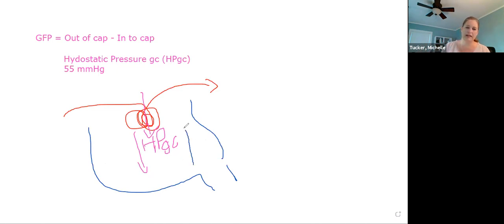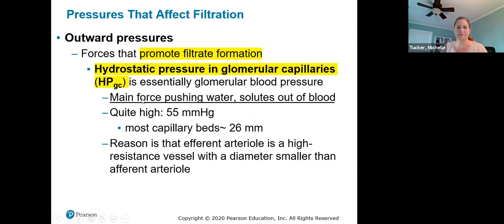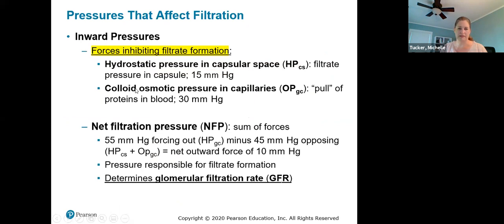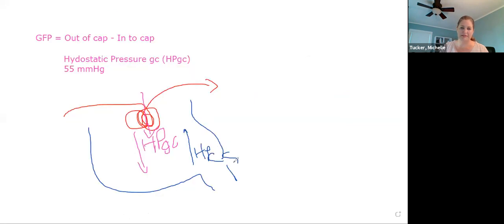So you do still have hydrostatic pressure of the capsule. I want to see which word, there should be glomerular capillaries, and then, oh, capsular space. So this is of the capsular space, and that is going to be pushing back into the capillaries.